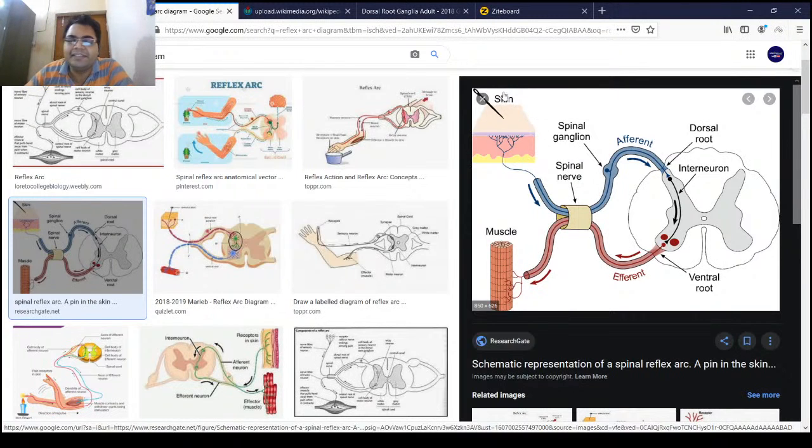This is the effector, this is the receptor. So there are receptors present here, and then the signal is going through the ganglia to the spinal cord. They have synapsed with an interneuron. The interneuron has synapsed with the motor neuron. The motor neuron is conveying the information to the muscle.